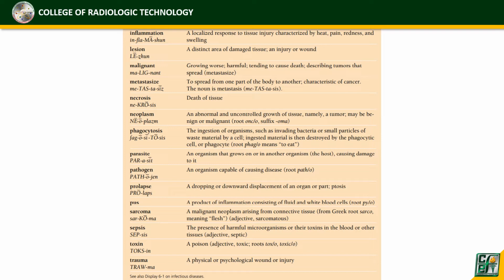Then we have sepsis. Sepsis is the presence of harmful organisms or toxin in the blood, or basically, sepsis is infection of the blood. Then toxin, a poison, and then trauma, a physical or psychological wound or injury.